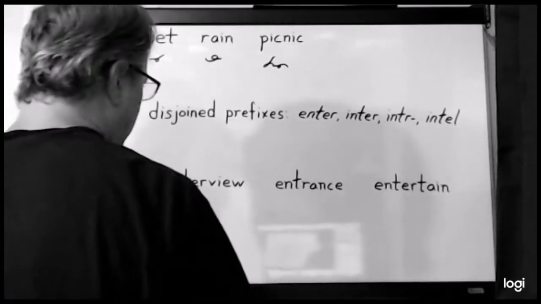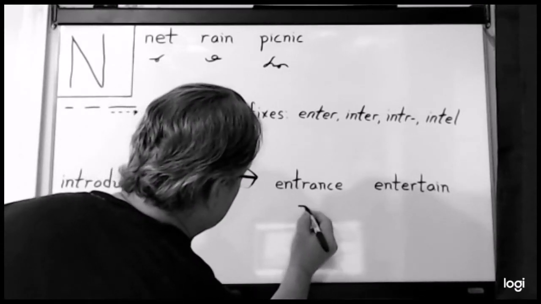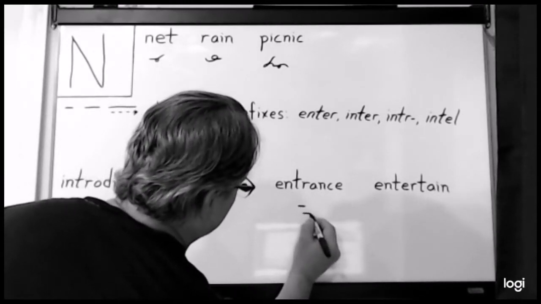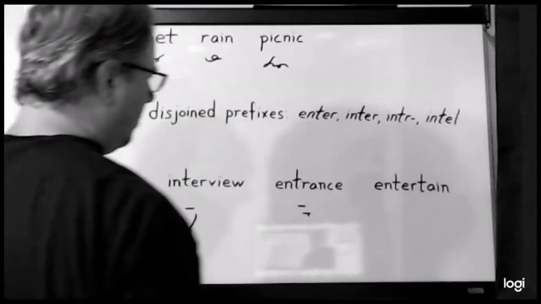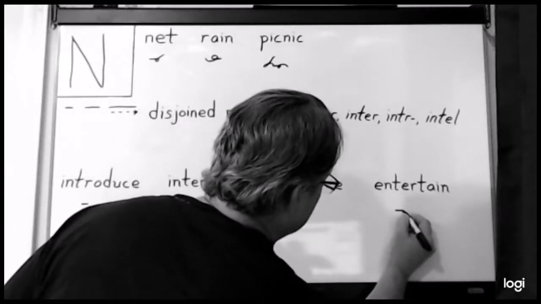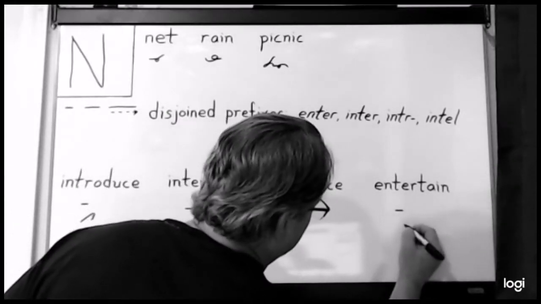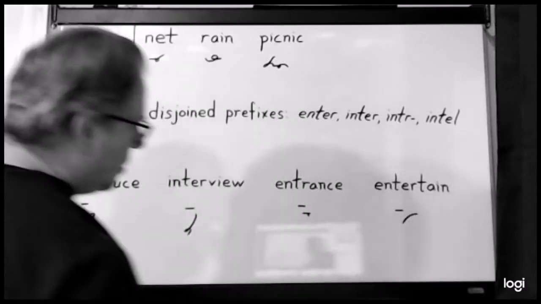The word entrance is a disjoined N, and then another N and S for entrance. And for entertain will just be the N, and then tain is represented by the 10 stroke, entertain.